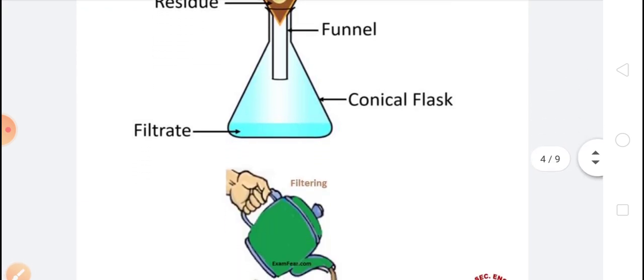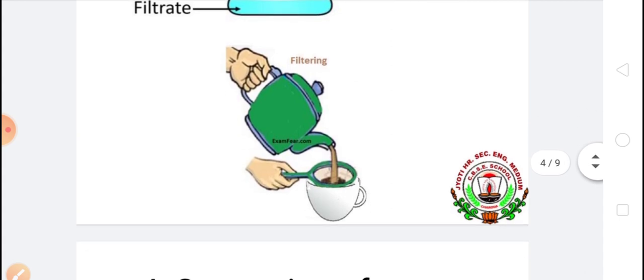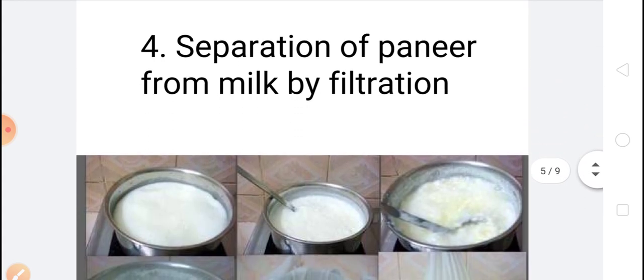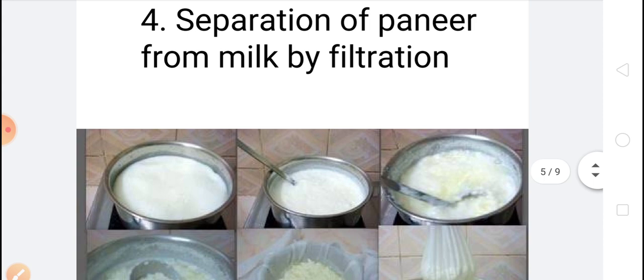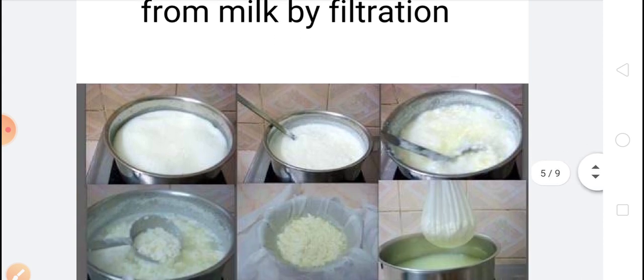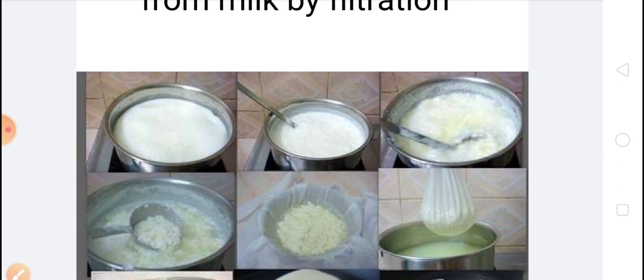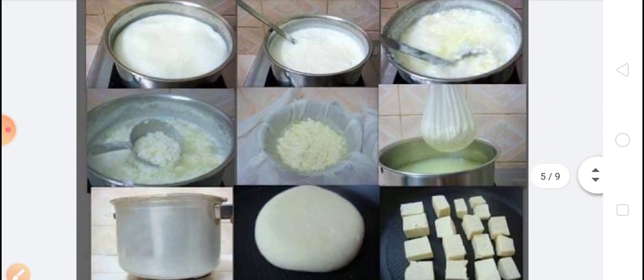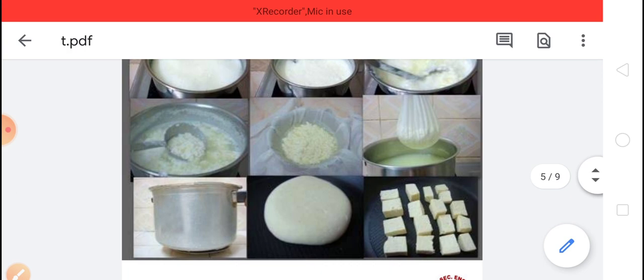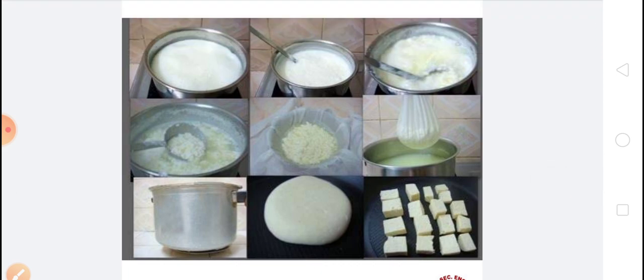Cottage cheese, we call it paneer, is obtained by the filtration method. To separate the paneer or cottage cheese from curdled milk, we use muslin cloth as a filter.